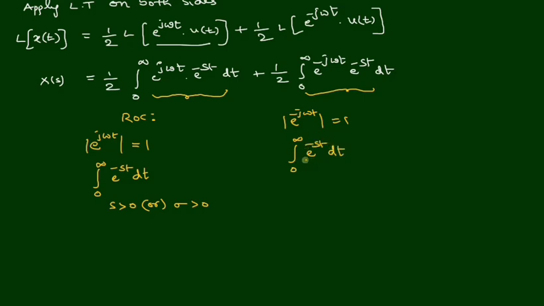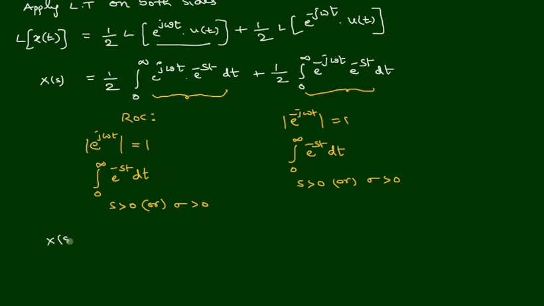This expression is an exponentially decaying function, so it will be finite if and only if s is greater than 0, or the real part of s, that is sigma, is greater than 0. This gives the region of convergence for this signal, cos omega t multiplied with u of t.